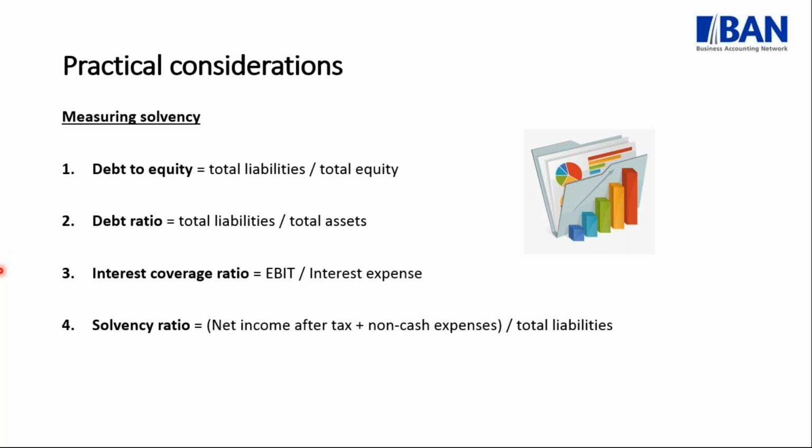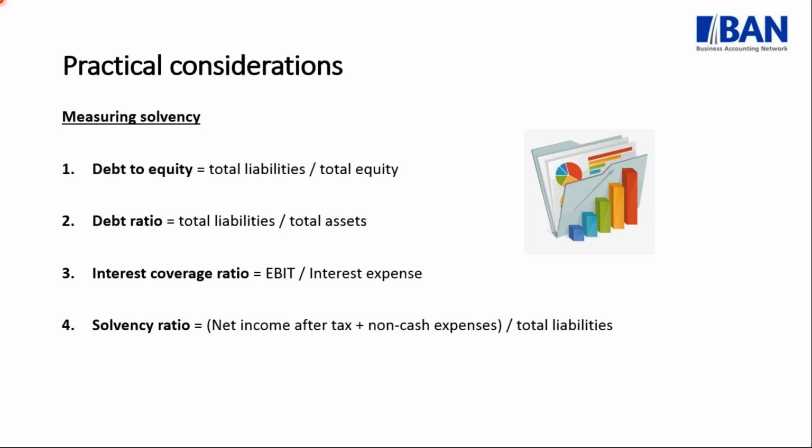The interest coverage ratio is quite a nice ratio because it looks at how well you can actually service your interest. So it looks at a value which we call EBIT, so that's earnings before interest and tax, and it divides it by your interest expense. So it looks at any interest that you might need to pay on your financing and how well your profit actually covers that.